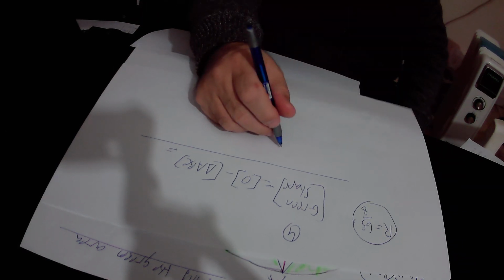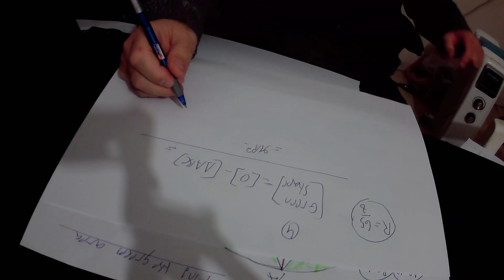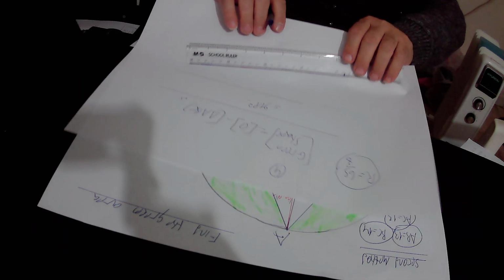The area of the circle equals pi r squared. What is the area of triangle ABC?